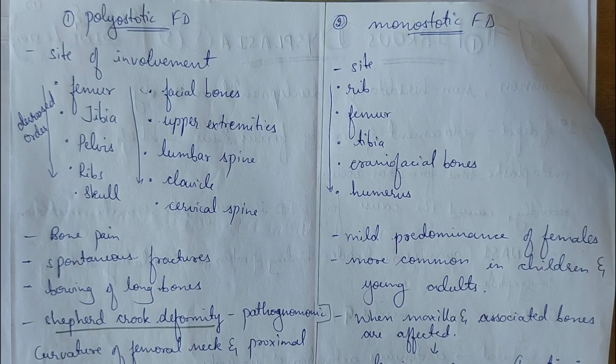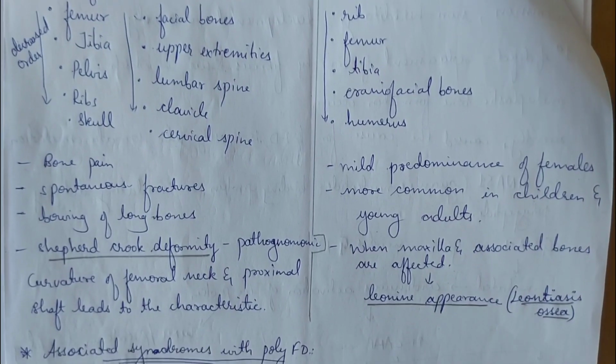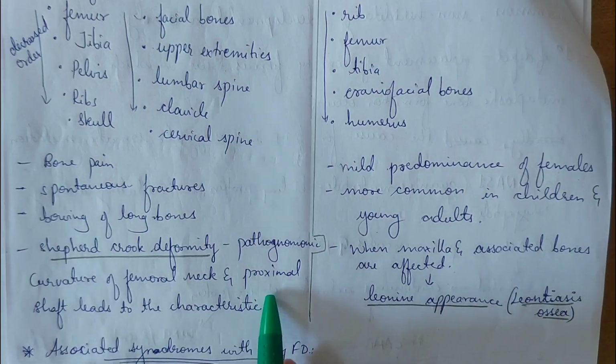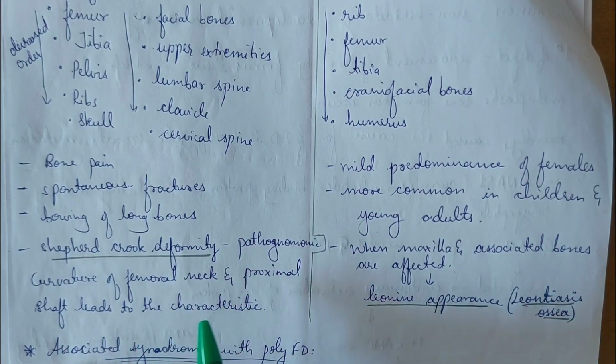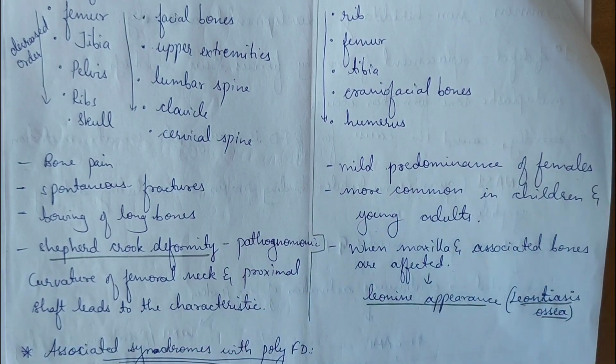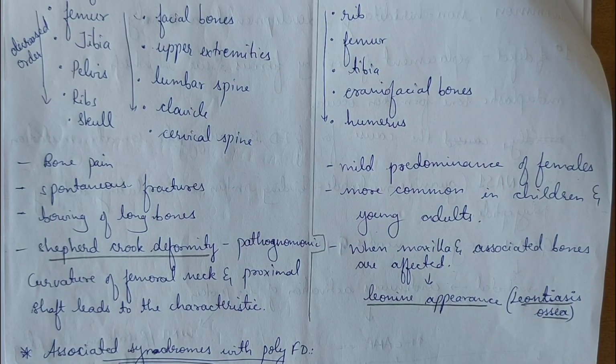In polyostotic, we see frequent fractures because many bones are involved, and bowing of the long bones. One more feature is the shepherd crook deformity, which is the pathognomonic curvature of the femoral neck and proximal shaft, that is the bowing of the bones, especially the femoral neck.